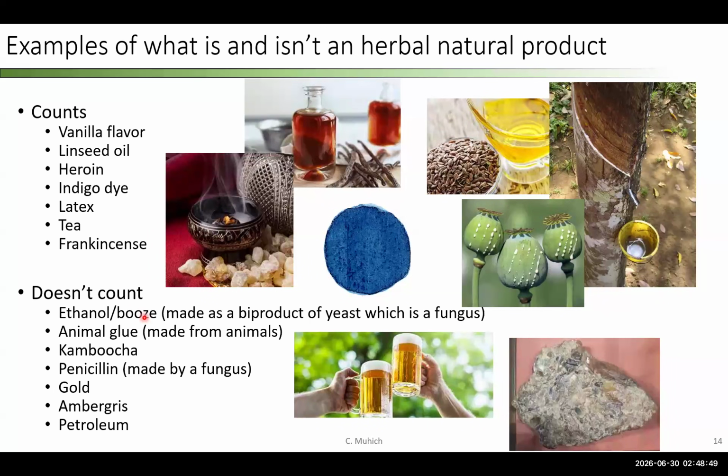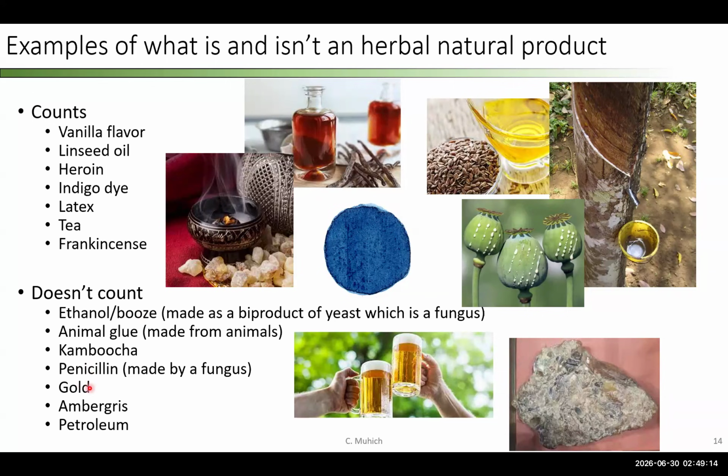What doesn't count are things like beer, right? So while beer may contain some natural products, the main ingredient, ethanol, is made from yeast, which is a fungus, not a plant. Things like Elmer's glue are made from animals, not plants, so therefore it doesn't count. Similarly, kombucha and penicillin are made from fungi, not plants, so we're not going to call those herbal natural products.